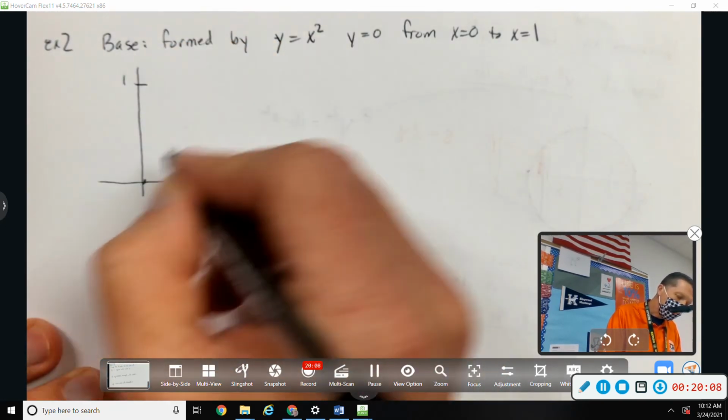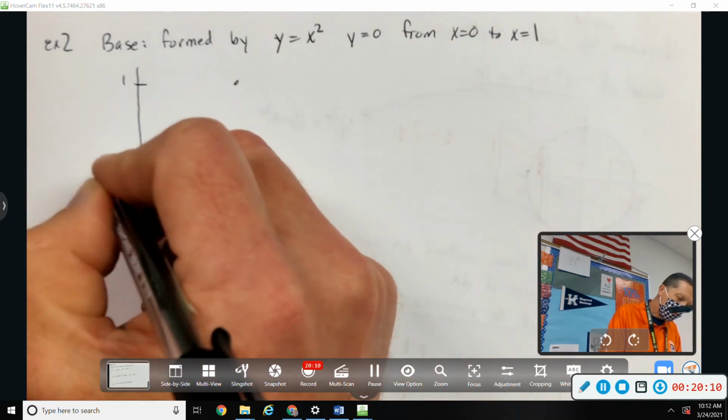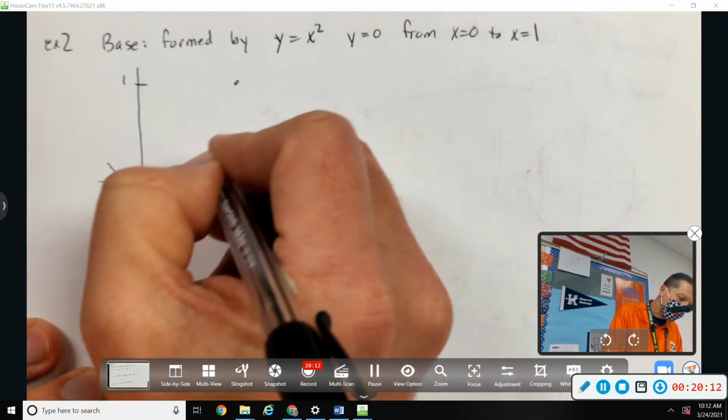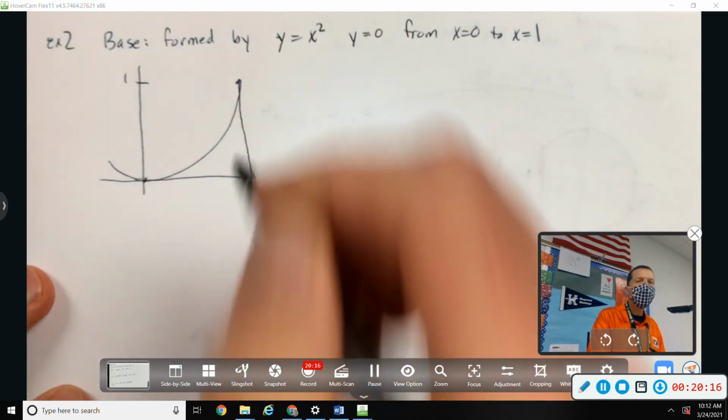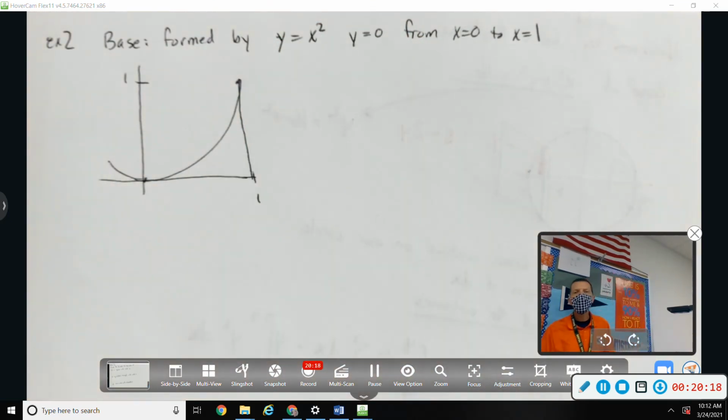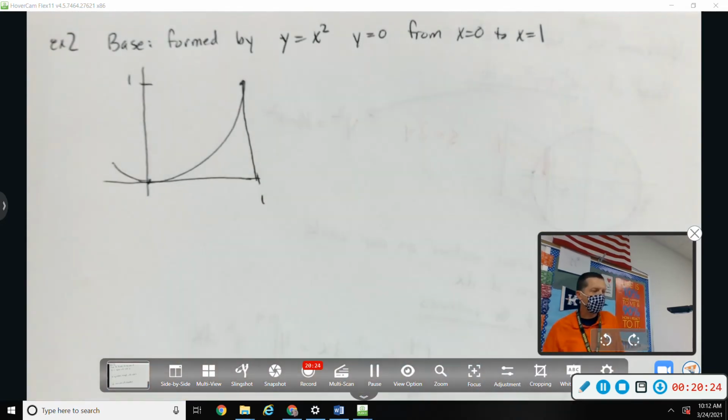So from 0 to 1, we got a parabola drawn in there. That's my base. I don't want the area of that base. That would just be the integral from 0 to 1 of x squared. That's not what I want.